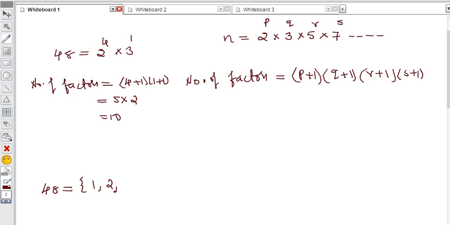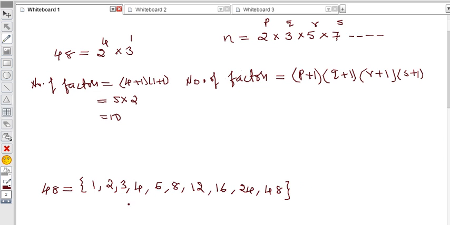1, 2, 3, 4. Which are all factors, which are all divisible. 1, 2, 3, 4, 6, 8, 12, 16, 24 and 48. Okay, so these are all the factors of 48.